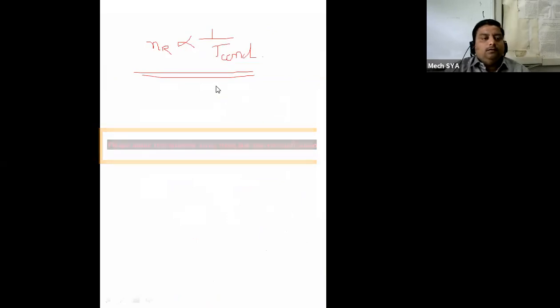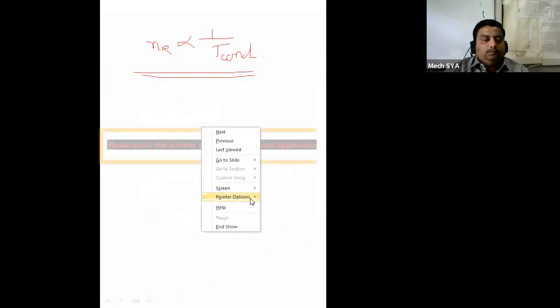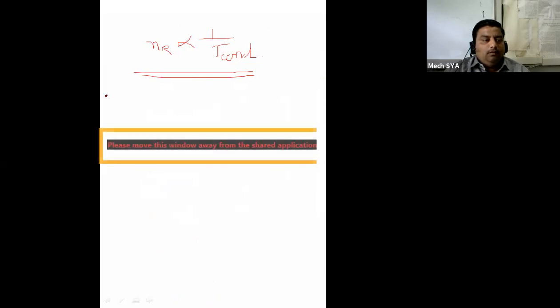Eta Rankine, this also you know. The second operating parameter is condenser temperature. Two conditions of operating we have covered in one point. So next is boiler pressure.